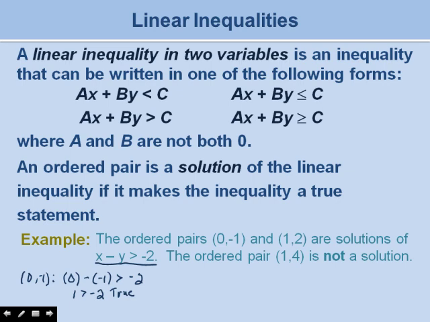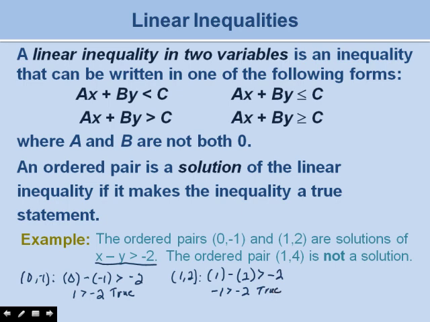We could do the same thing for the ordered pair (1, 2). If we substitute 1 for x and 2 for y in our inequality, 1 minus 2 is -1. -1 is greater than -2, so this is also true.